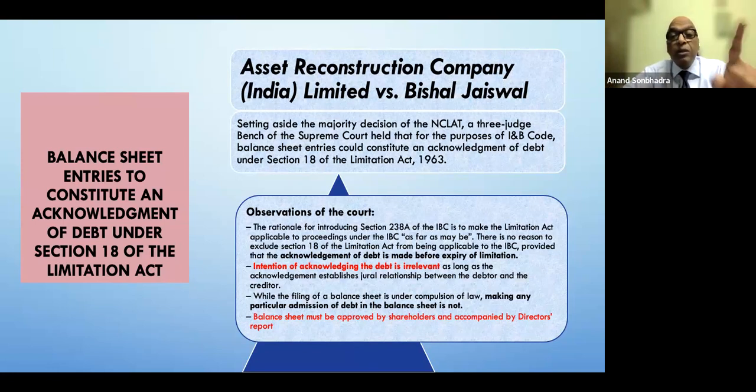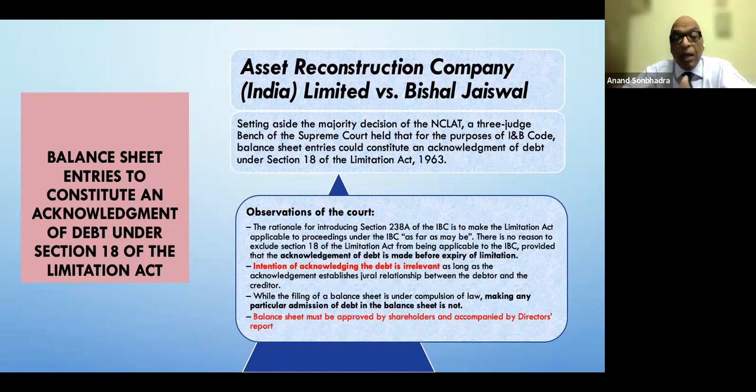Intention of acknowledging the debt is irrelevant as long as the acknowledgement establishes a jural relationship between debtor and creditor. While the filing of a balance sheet is under compulsion of law, making any particular admission of debt in the balance sheet is not.